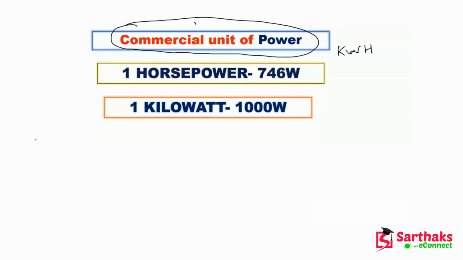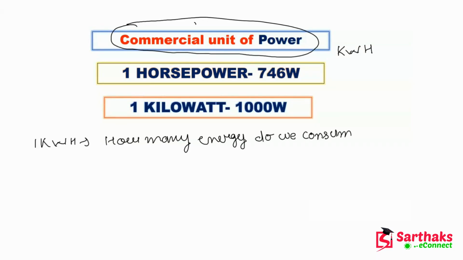It means how much energy we consume in 1 hour, and here the power will be in kilowatt. You have to convert it into kilowatt.